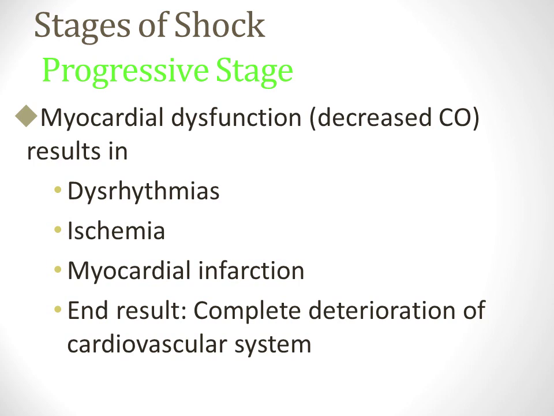There is a myocardial dysfunction, so the heart's not working. We said it's overworked. So it might manifest itself as chest pain or dysrhythmias. At the end, it might result in complete deterioration of the cardiovascular system.